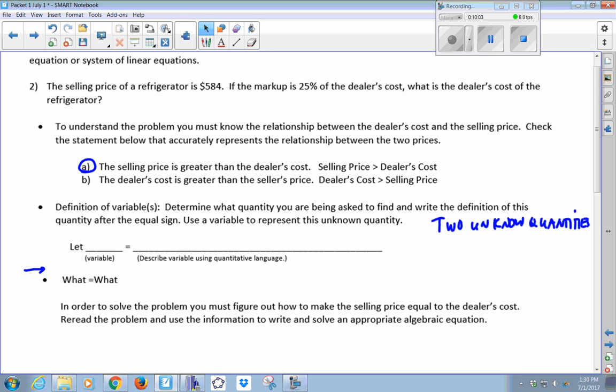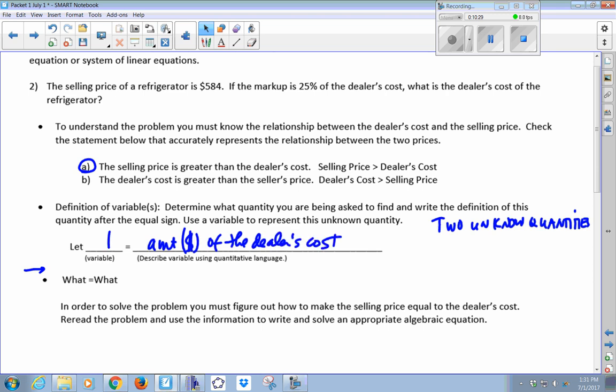And maybe I'll go back and edit these class notes so that you have both of them written. The two unknown quantities are what is the amount of the dealer's cost? What is the amount in dollars of the dealer's cost? We don't know what that is.